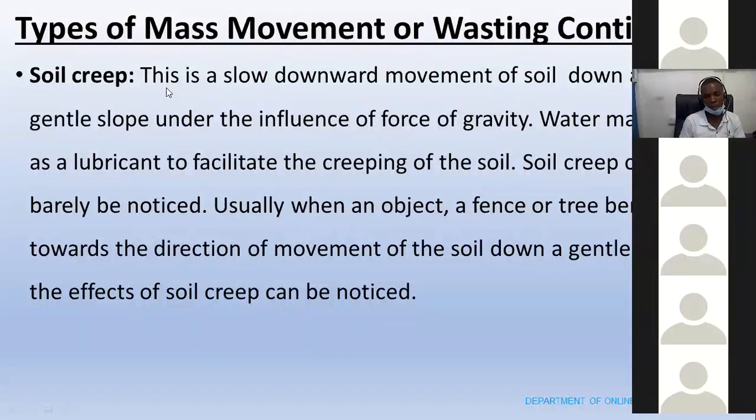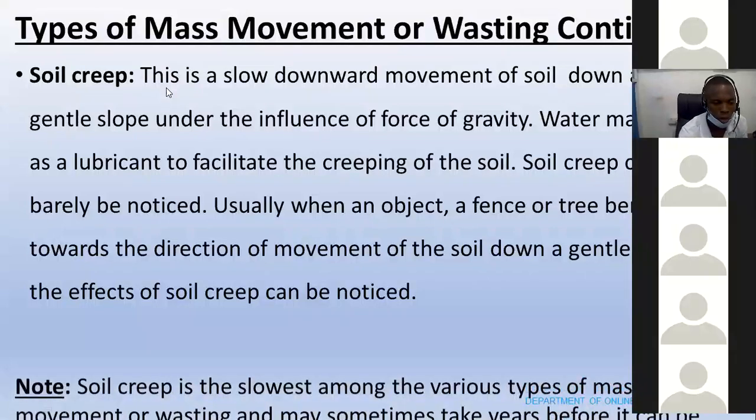But with the aid of objects such as a fence, a tree, or any other object placed on the landscape, once this material tends to shift in the direction of the movement of the soil, then it is possible for persons to notice the phenomenon of soil creep taking place in that environment. So take note.